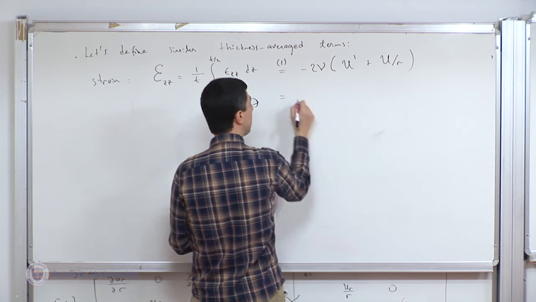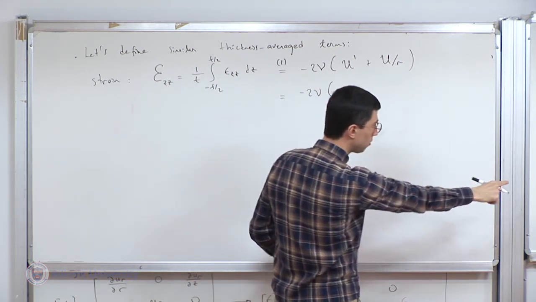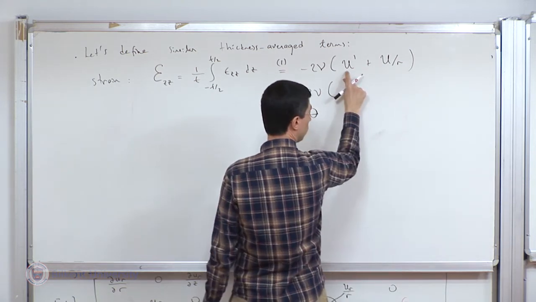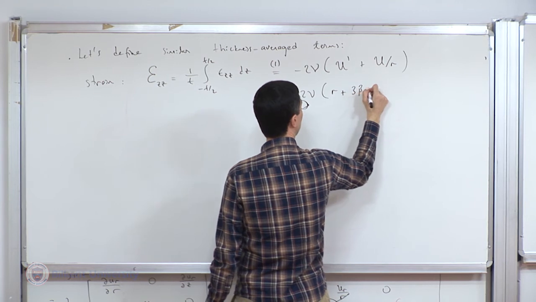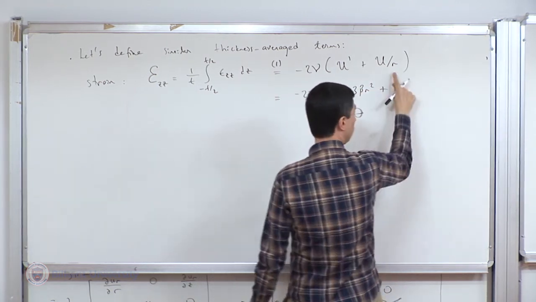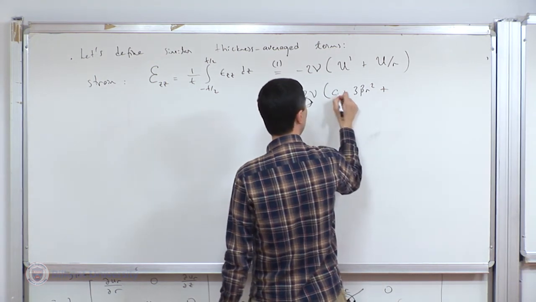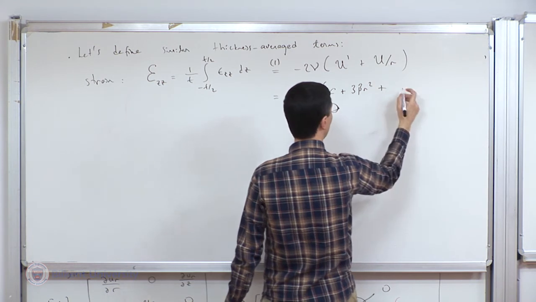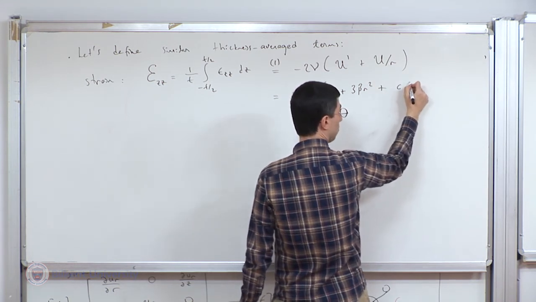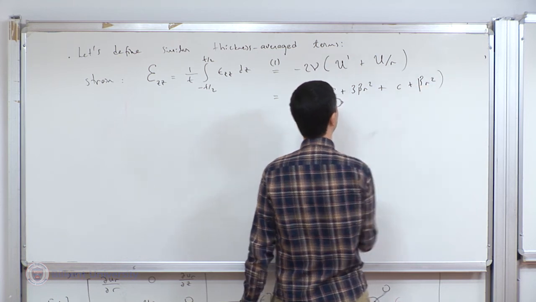And now I have an expression for u prime. I can go ahead and plug that in. It's equal to c plus 3 beta r squared, plus u over r is c plus beta r squared.